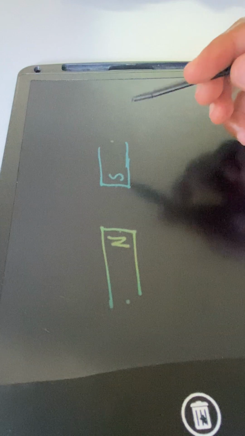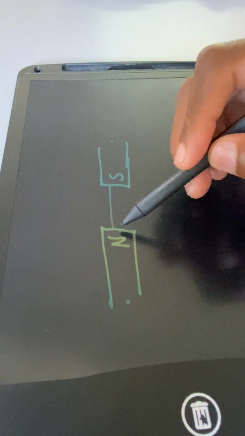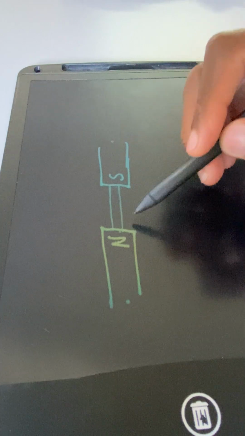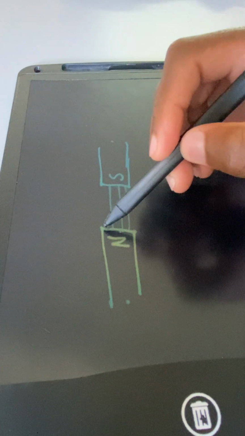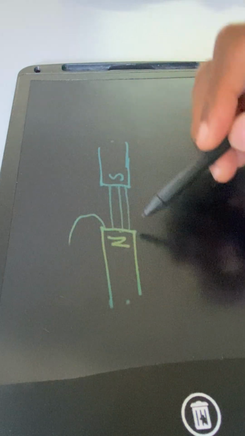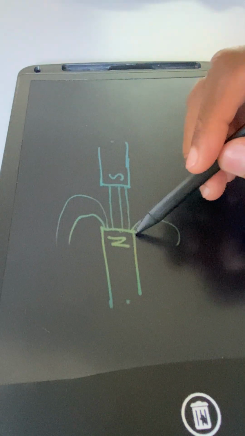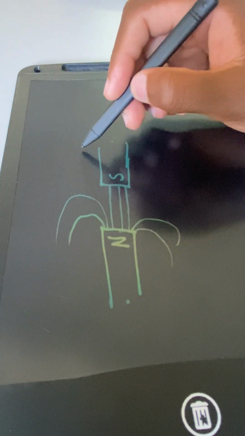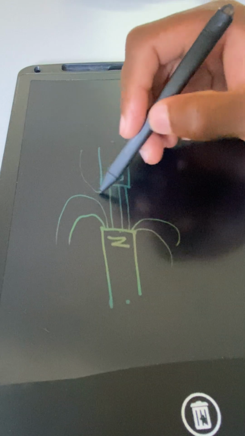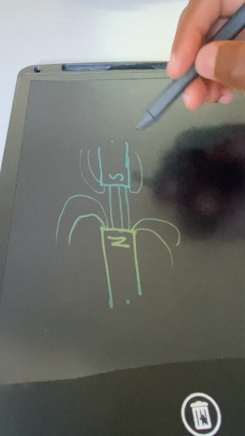So how do you draw that? Of course we are going to have an attraction between these two magnets, and here they are coming into the magnet, right?